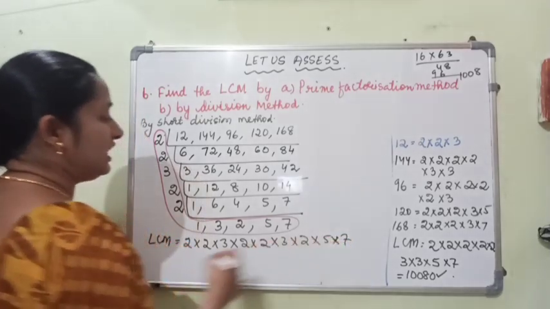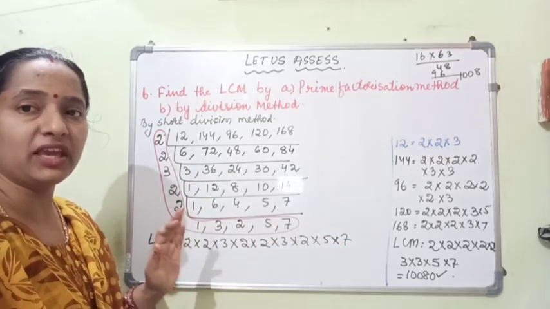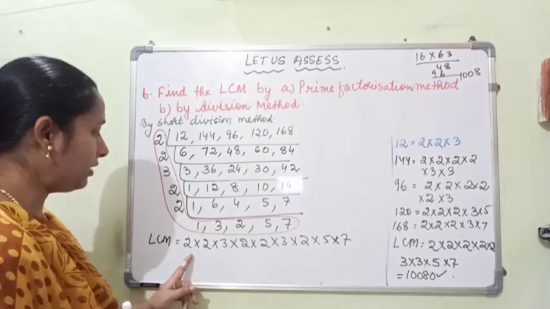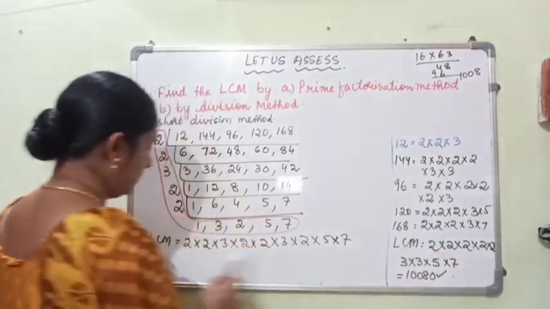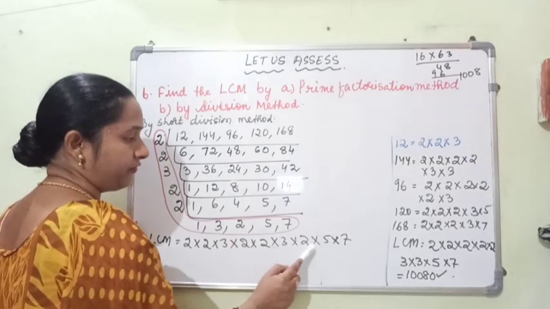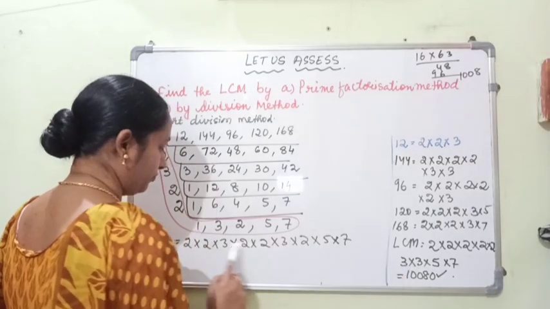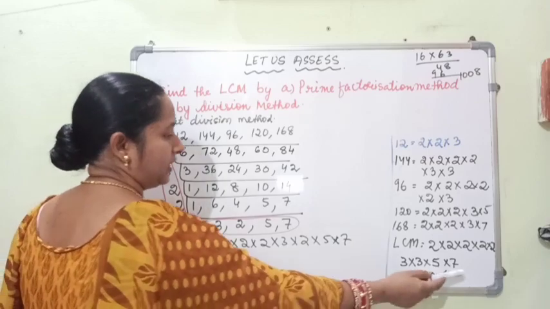Don't miss any of the factors. Be careful while writing them. Now if you compare, here how many 2's do we have? 1, 2, 3, 4, 5. And 1, 2, 3, 4, 5 here. 3's are 2. Then a 5 and a 7.